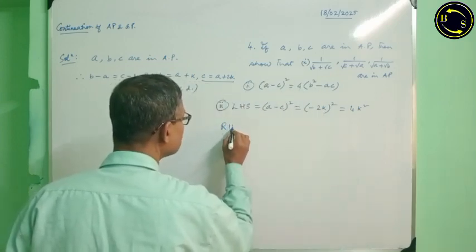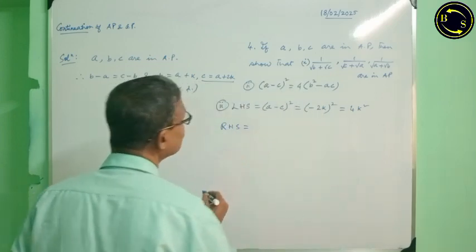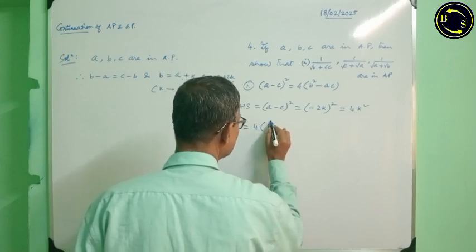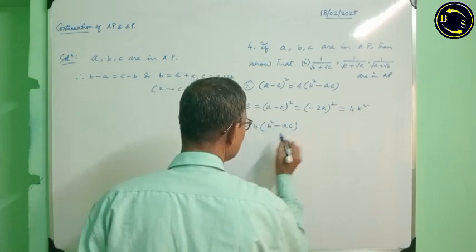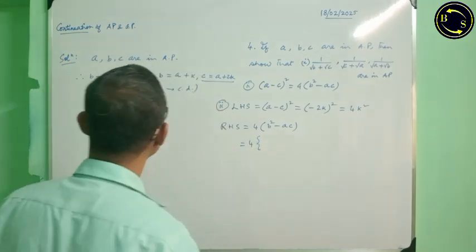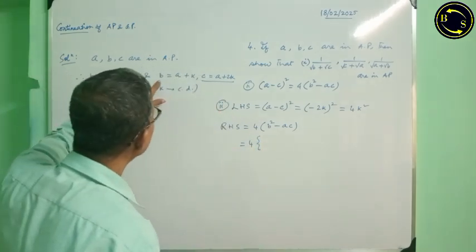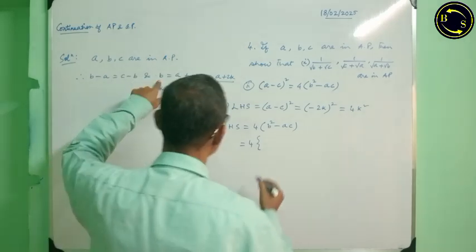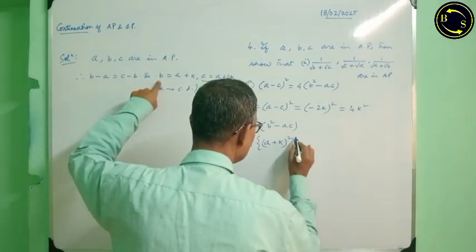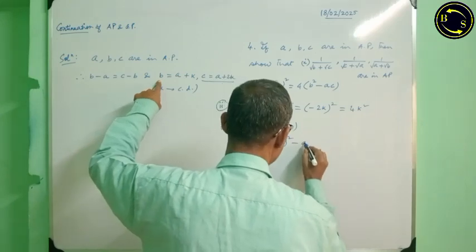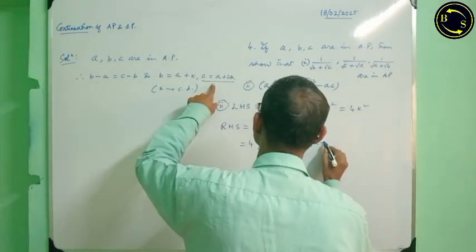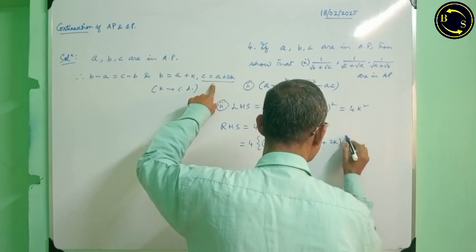Then RHS: 4 into B square minus AC. We put the values: B equal to A plus K, so A plus K whole square minus A, and the value of C is A plus 2K.